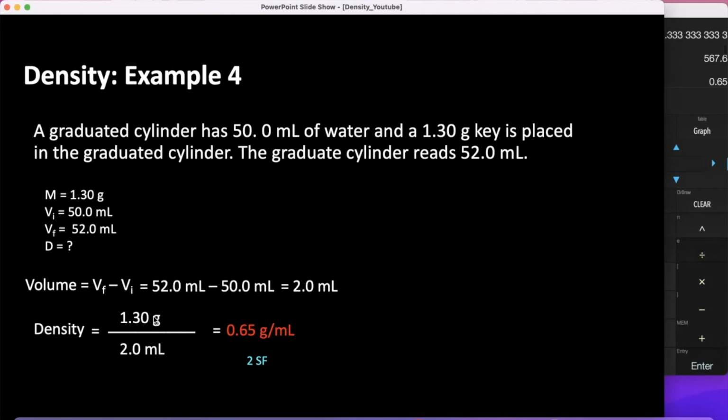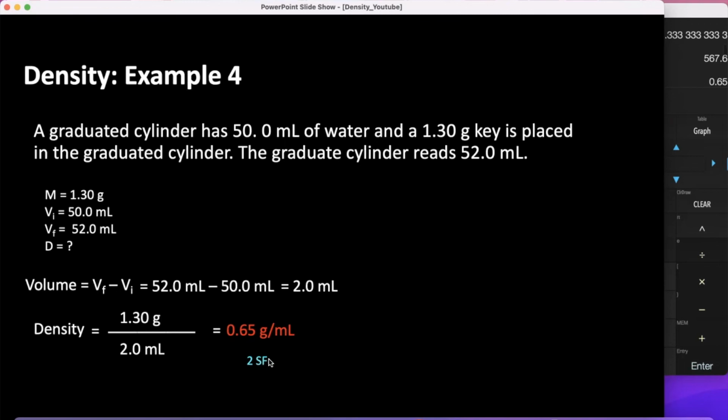And we want the least amount of sig figs, it's division, so that's 2 for 2.0. 1.30 has 3 sig figs. Final answer is 0.65. That's 2 sig figs, and I put down my units, grams per mil as my final answer.